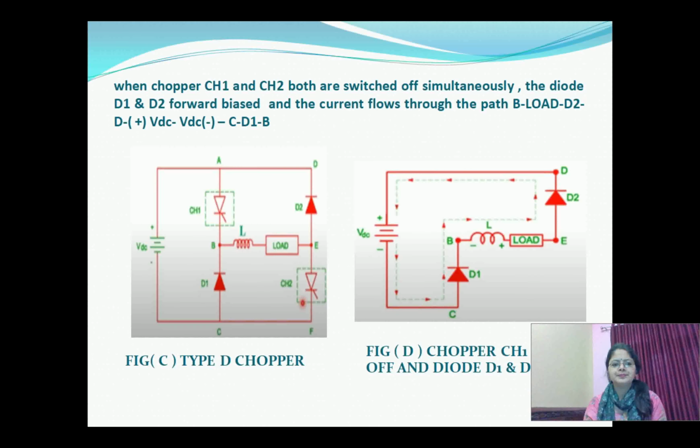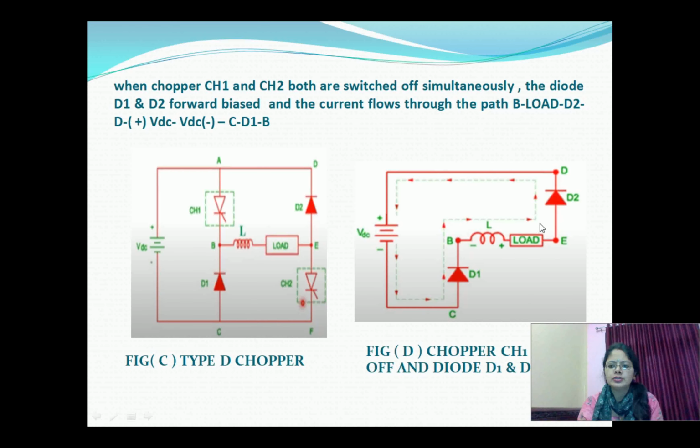When both choppers are switched off simultaneously, both diodes D1 and D2 are forward biased, and current flows through B, the inductor, the load and the diode.